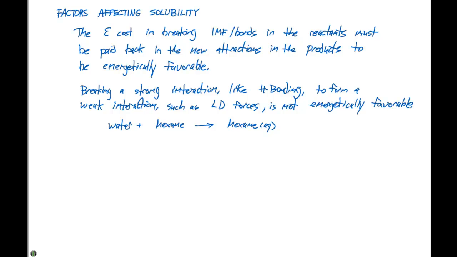If we look at water, the intermolecular forces present are hydrogen bonding, dipole-dipole interaction, and London dispersion forces. In hexane, the only intermolecular forces we have are London dispersion forces. And in the hexane solution, we would also have London dispersion forces as our only intermolecular force of attraction.